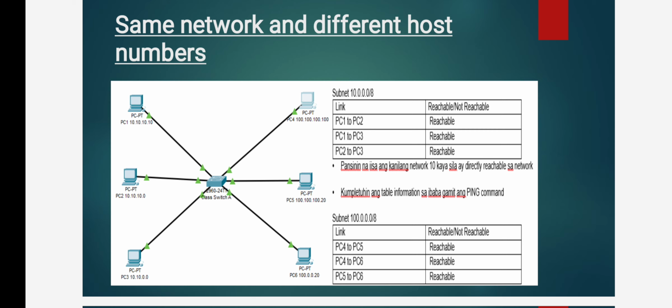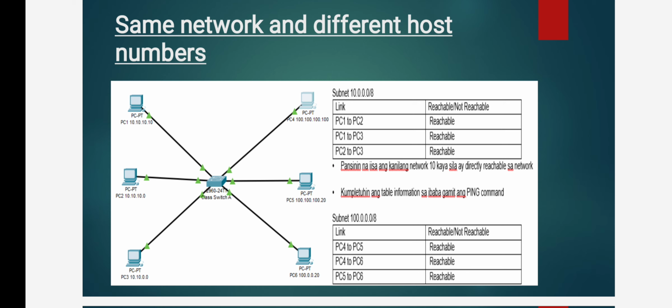The link is PC1 to PC2 reachable, PC1 to PC3 reachable, PC2 to PC3 reachable. Why? Because they are in the same class, and that class is A, and the network part of class A is only the first octet.